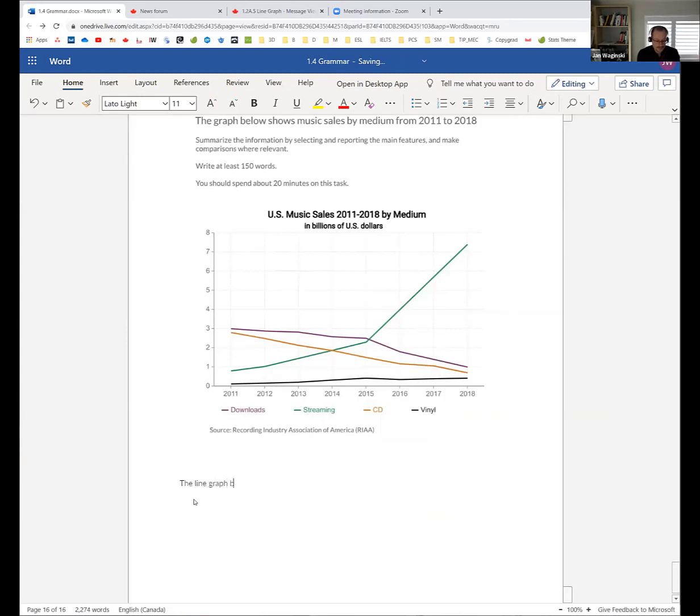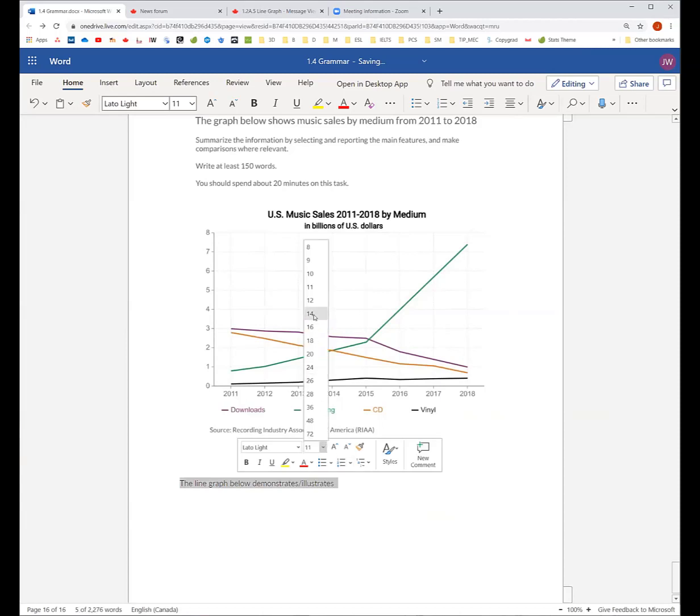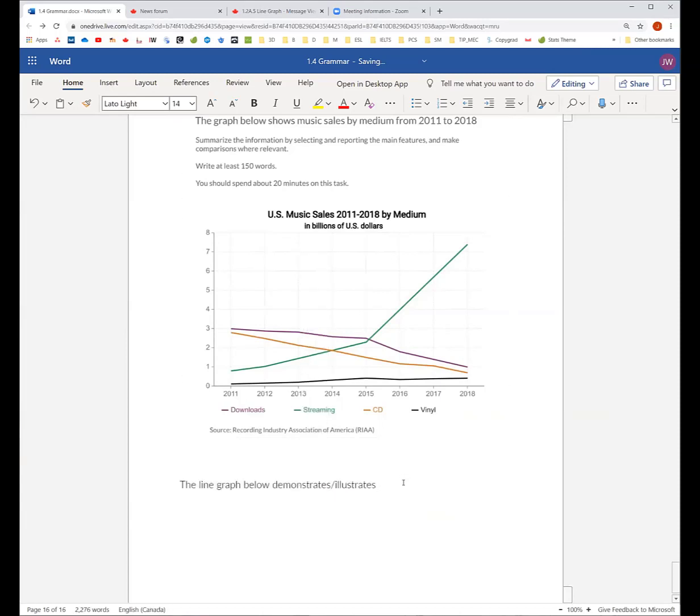The line graph below demonstrates. I think you said demonstrates, but maybe you caught yourself. Illustrates. Music sales by medium from 2011 to 2018.